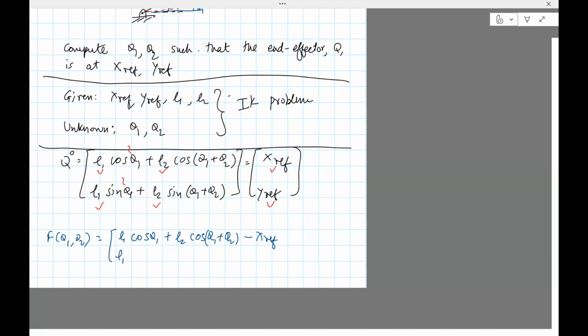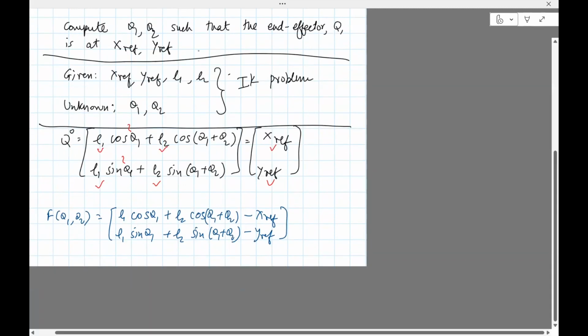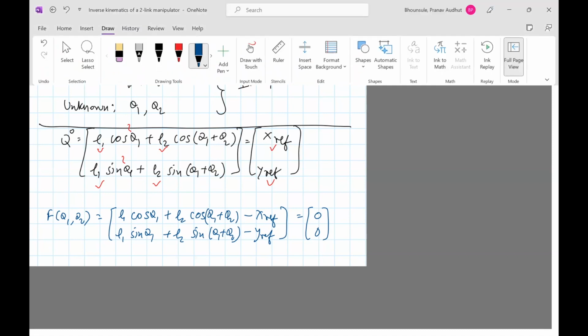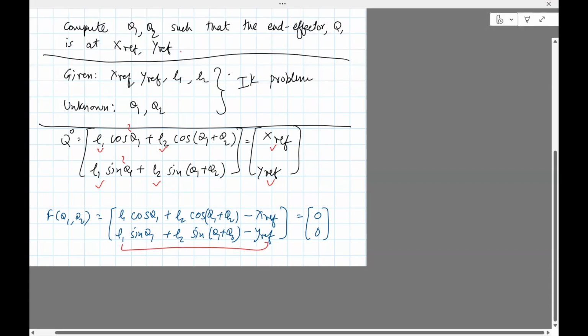And the second line would be L1 sine theta 1 plus L2 sine theta 1 plus theta 2 minus y ref, and we need to find the roots of this. So 0, 0. Now instead of being one-dimensional, which the earlier equation was, this equation is two-dimensional. You have two unknowns and two things which need to be checked for zero crossing, two roots. So we will basically use fsolve for this.